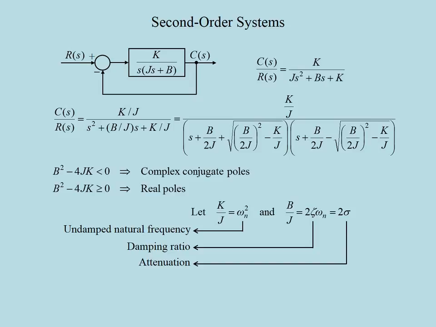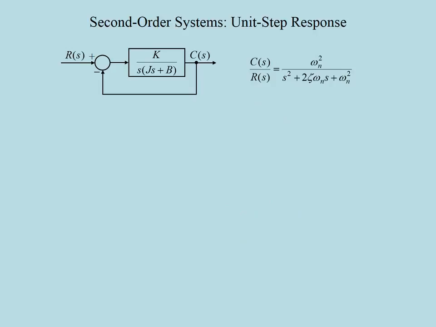So in its new form, our transfer function is given as omega n squared divided by s squared plus 2 zeta omega n s plus omega n squared. In this new form, the sign of the discriminant of the denominator polynomial will depend on zeta.